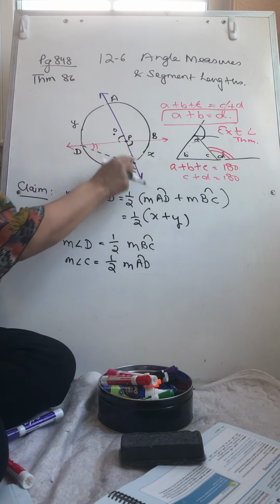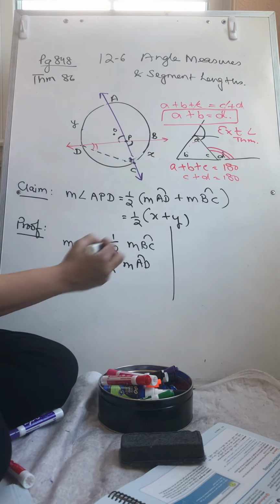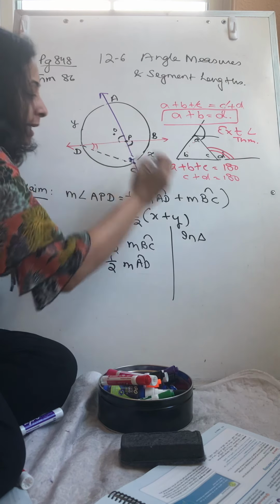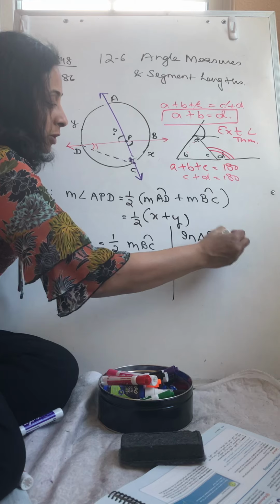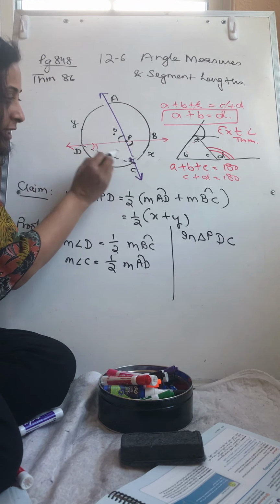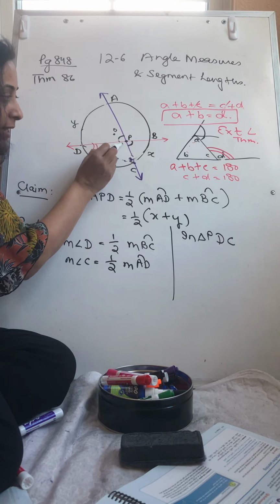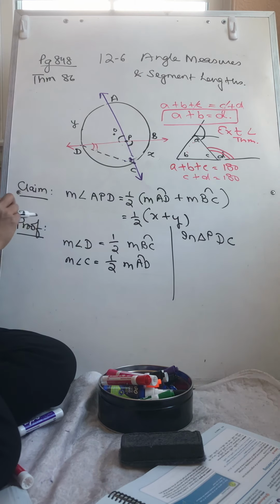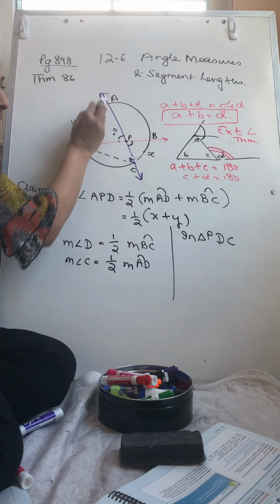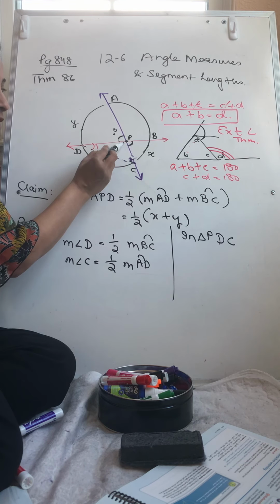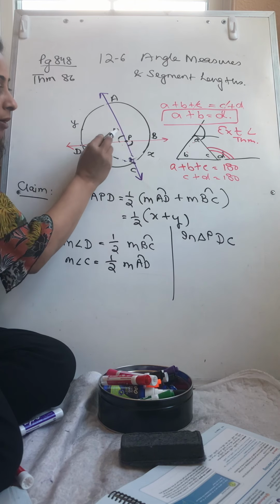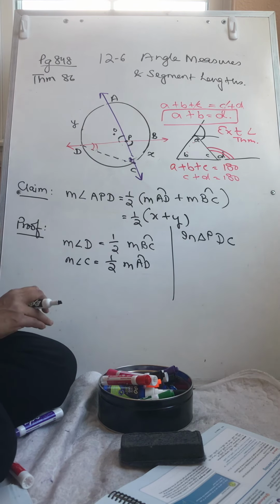So this is the triangle. Okay. So if I say in triangle PDC, what do I know? I know that the measure of these two angles will equal the exterior angle for this angle. So this is my exterior angle because it's making 180 degrees with one of the interior angles of the triangle. So the other two interior angles, their sum will be equal to this exterior angle.